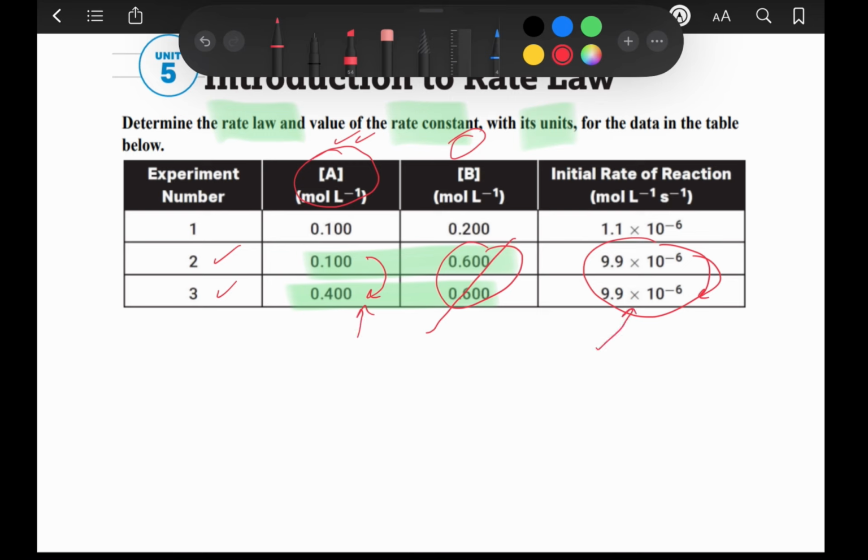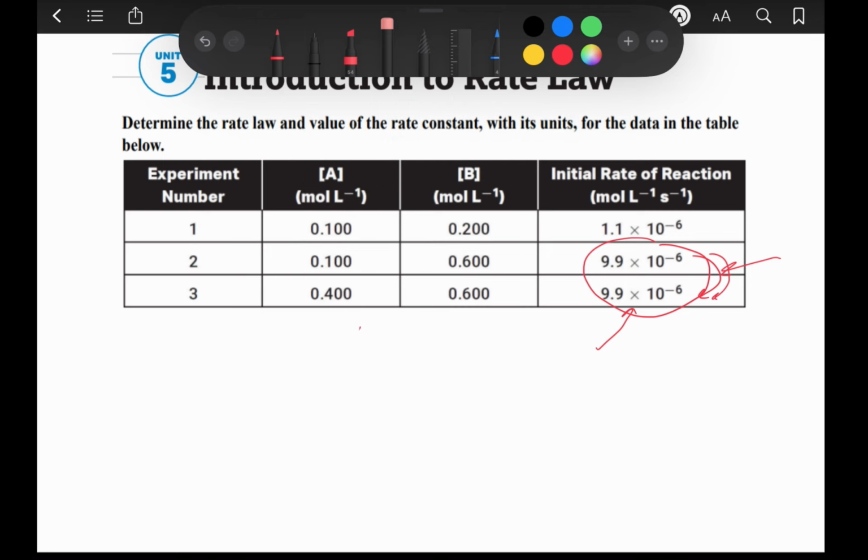At that point, we can say that the rate of reaction is independent of the concentration of A. That's why the order is 0, because there's no change. It's not doubled, not quadrupled, not tripled. So far, the order of A is 0.